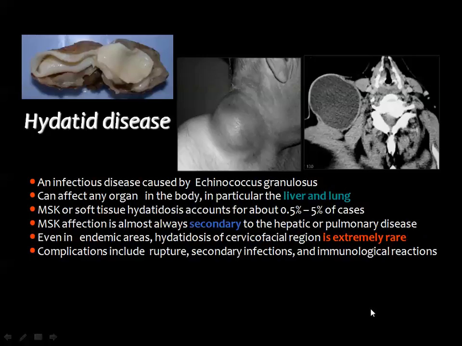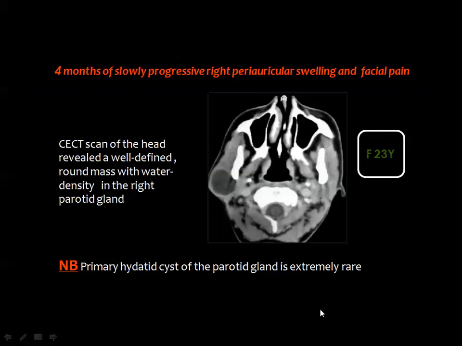Then it is well known in the literature that even in endemic areas, hydatid cyst of the cervical region or the craniofacial area is considered extremely rare. The complications are the same as any hydatid cyst anywhere in the body, including rupture, secondary infection, and immunologic reactions.